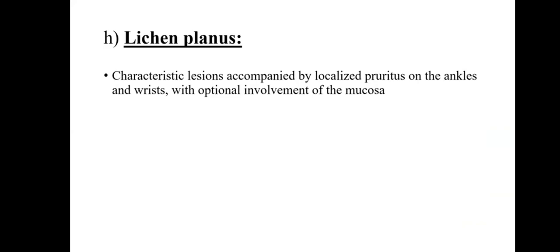It is self-limiting and easy to diagnose. There will be purplish, discrete lesions spread all over the body, and its characteristic thing is that it is self-limiting. In 8 to 9 months, it will go off, but it will recur.